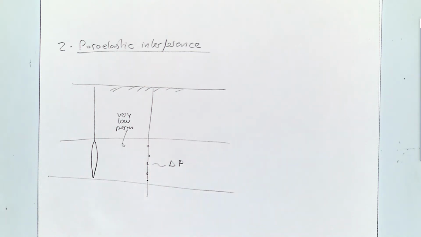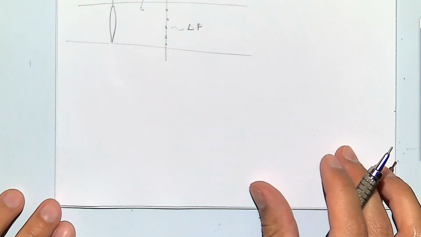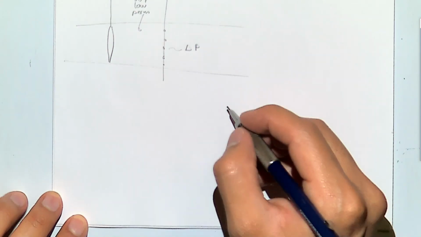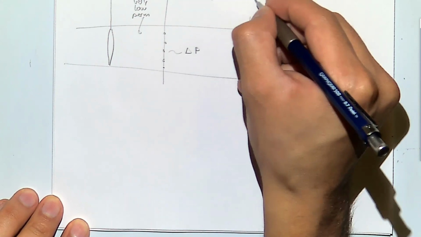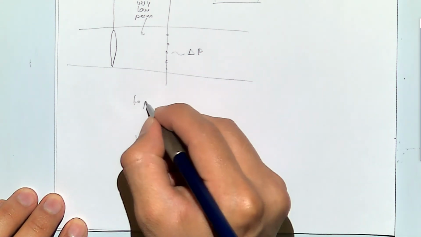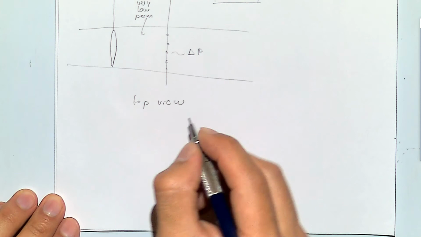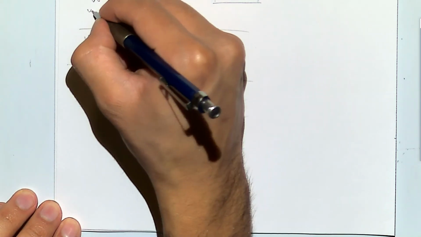And you could also think of this a little bit differently. So this is a side view. If you have a top view, and now you have, okay, this is a vertical well.